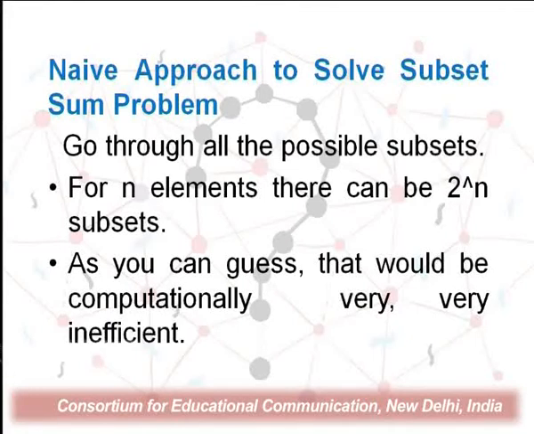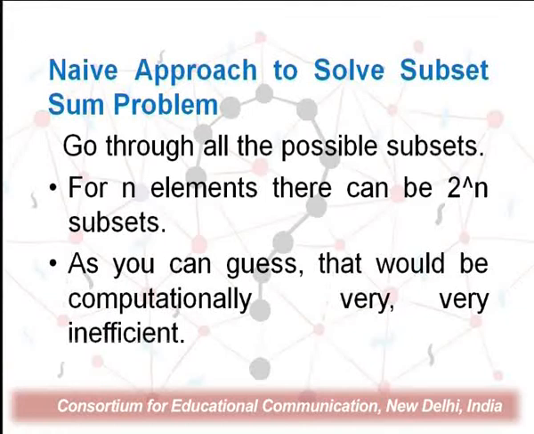So coming to the brute force or naive approach to solve the subset sum problem, what could it be? We need to go through all possible subsets. If we look into set theory, the number of possible subsets for a particular set is 2 to the power n, where n is the total number of elements.